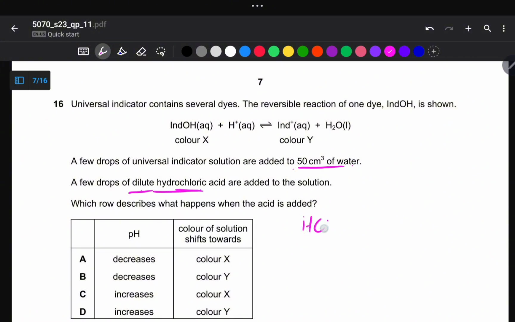hydrochloric acid, HCl, dissociates to form the proton H plus and the chloride ion. So there is an increase in the number of H plus.